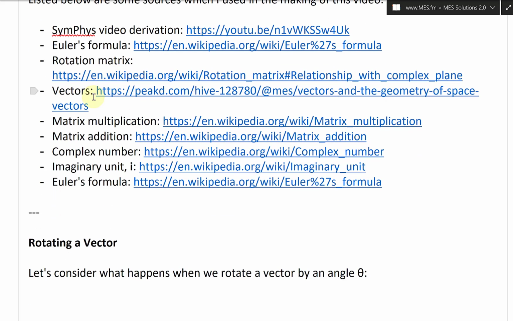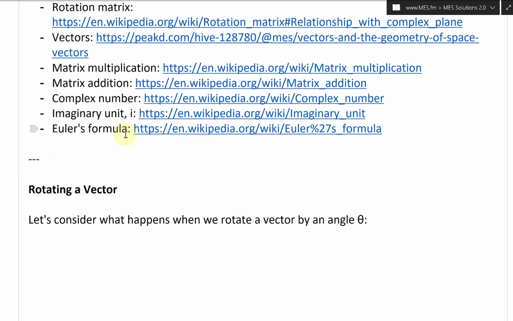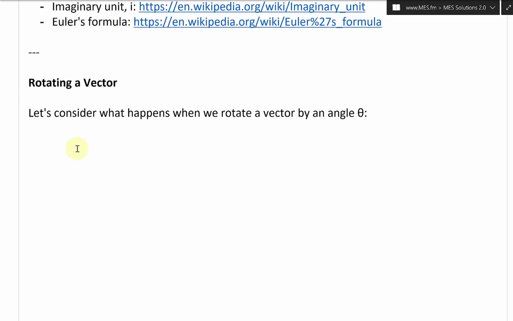And here are other references: matrix multiplication, matrix addition, complex number, imaginary unit i, and Euler's formula. Most of these are Wikipedia pages because I haven't covered matrices in depth on my channel yet. But anyways, let's go further.